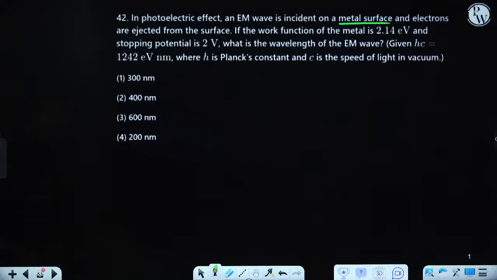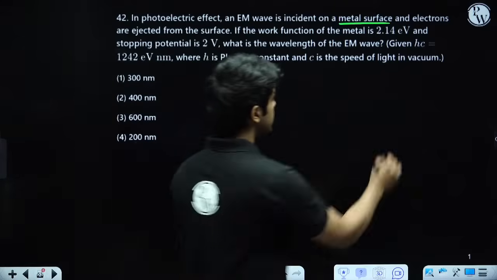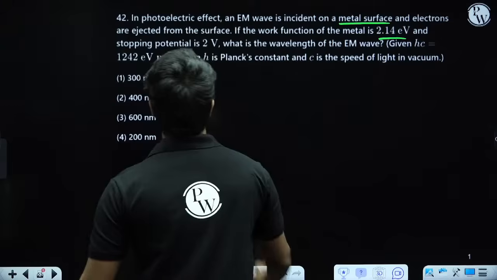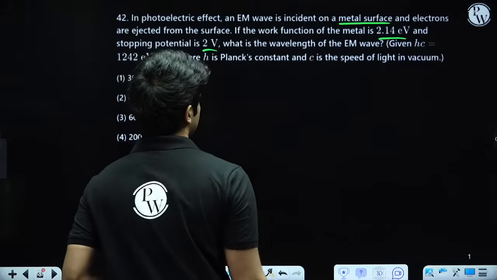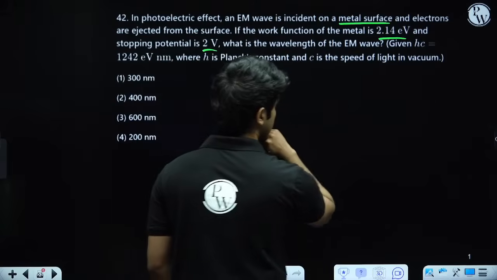The work function of the metal is 2.14 electron volt. Stopping potential is 2 volt. So what is the wavelength of the electromagnetic wave?